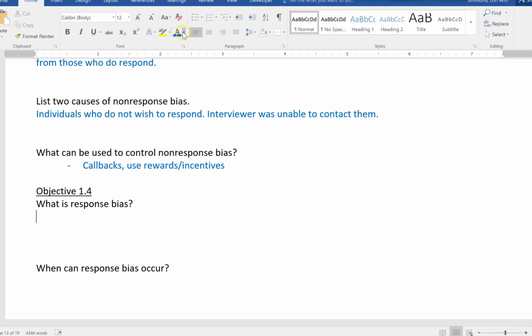So now we move on to the third, response bias. This exists when the answers on a survey do not reflect the true feelings of the respondent.